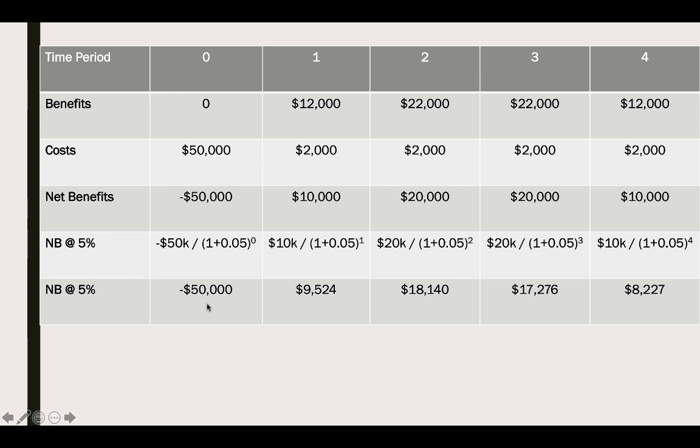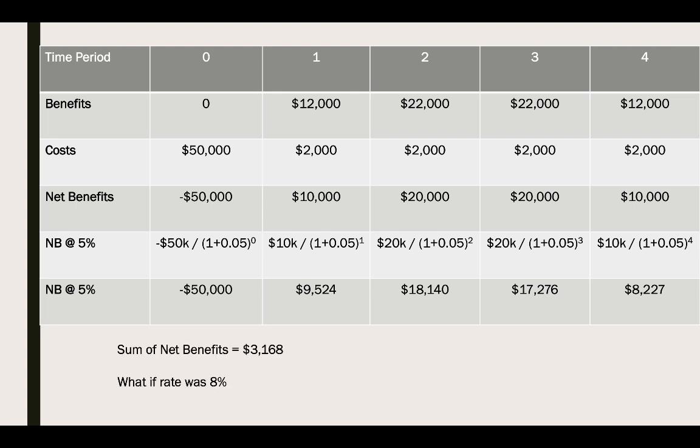Then the next step we're going to do is sum all of these values at the bottom together, and say, over those 1, 2, 3, 4 years, is this going to be a benefit or is this going to be a cost? Because that's our cost benefit analysis. Are we in the positive or are we in the negative?